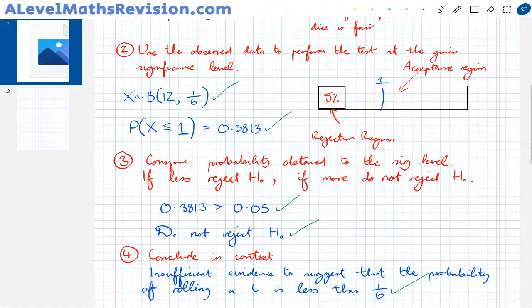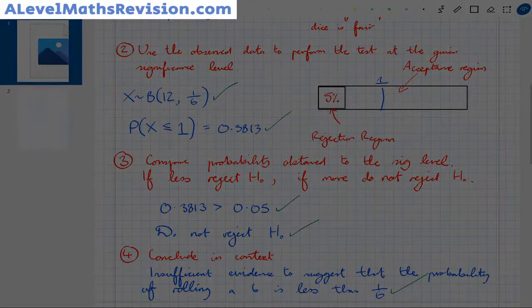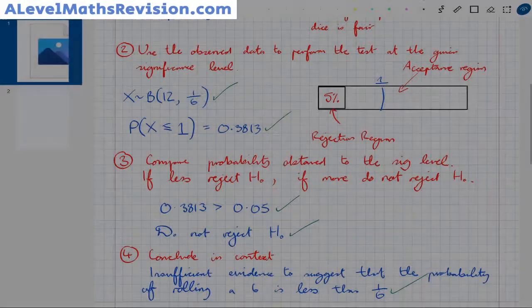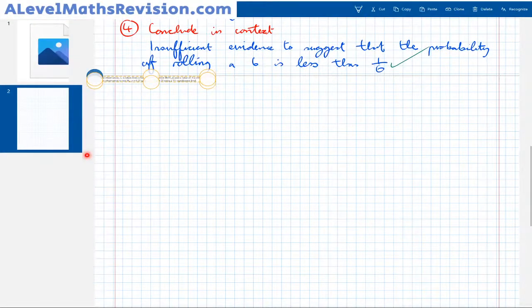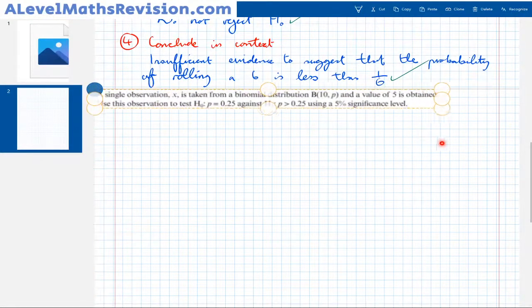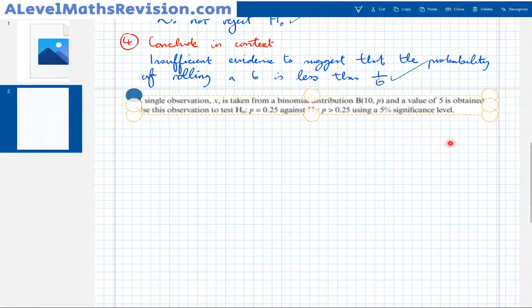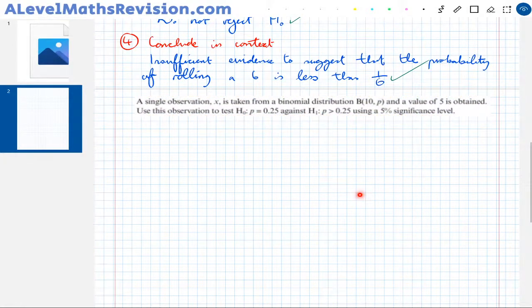So let's try another. So let's do a question that doesn't have a context for now. Let's just do a pure hypothesis test question. So there it is there. So a single observation, x, is taken from a binomial distribution, and a value of 5 is obtained.